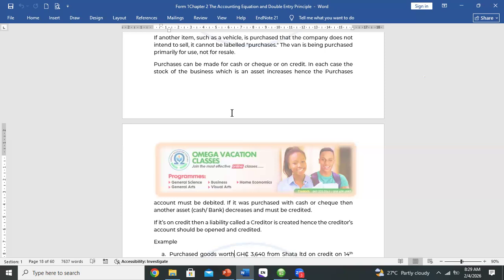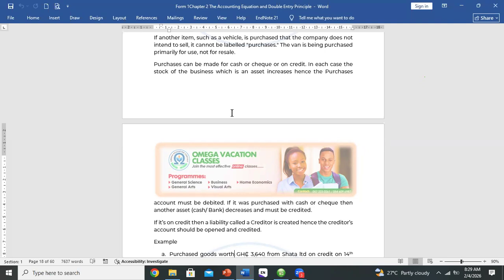The other side is whether you purchase with cash or check or on credit. If you purchase with cash or check, then it means that an asset is going out of the business. Let's say you purchase a television from Melcom. Your stock of television will increase, but you are also paying money to Melcom, so your cash will reduce.